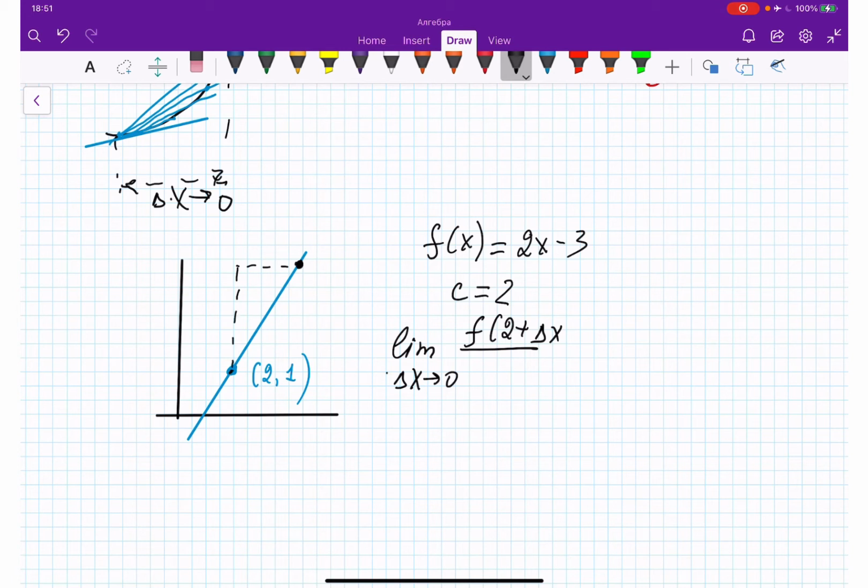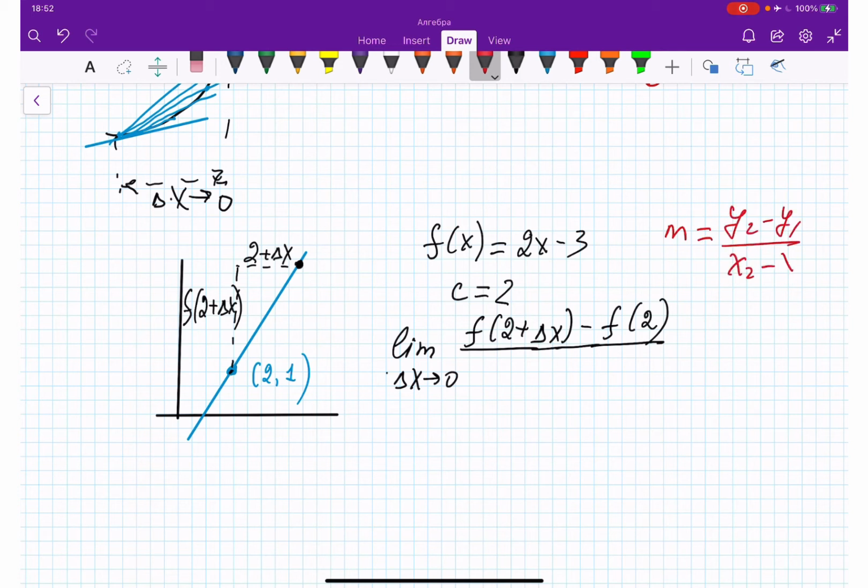And this one is f of 2 plus delta x, right? So f of 2 plus delta x minus f of 2. The ending point is y2. I'm using the definition of slope, y2 minus y1 over x2 minus x1.